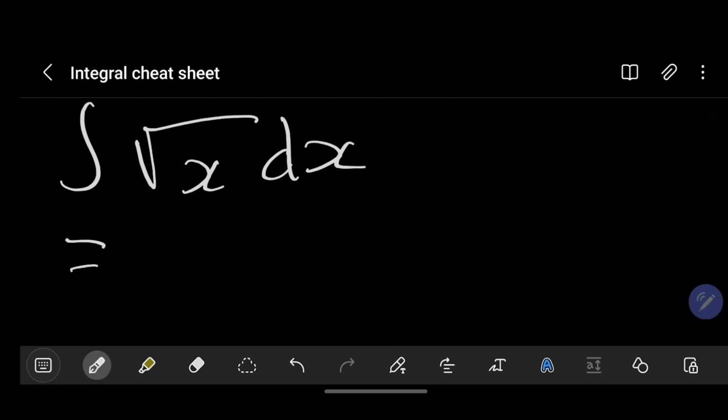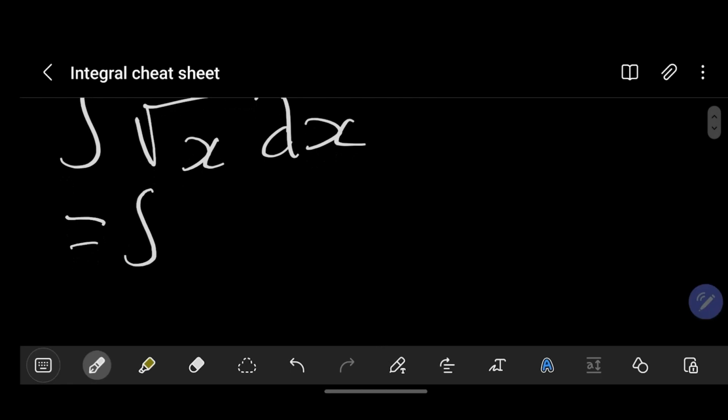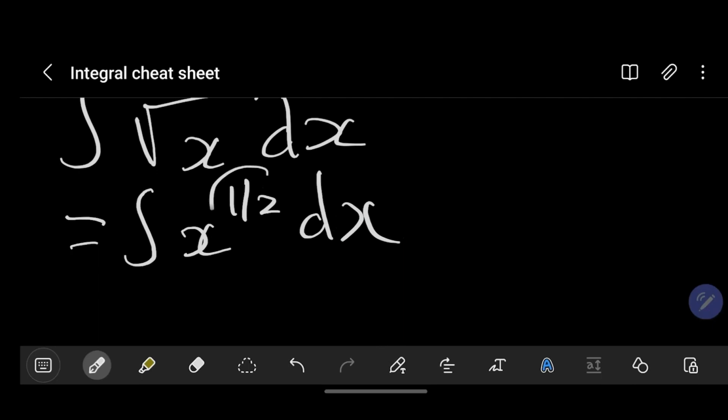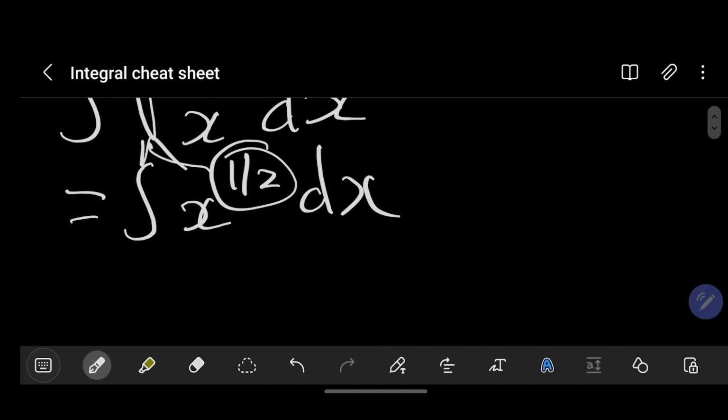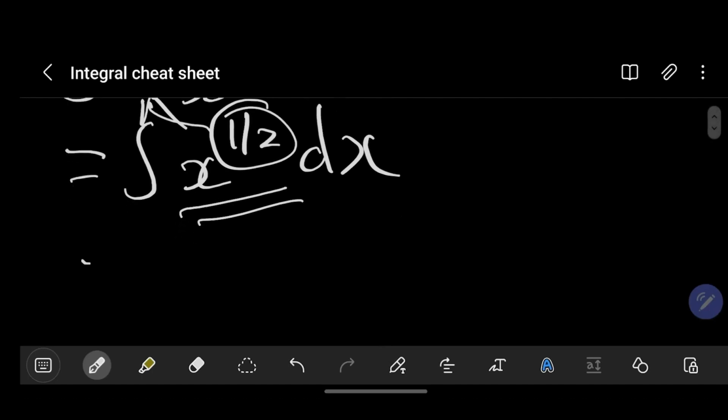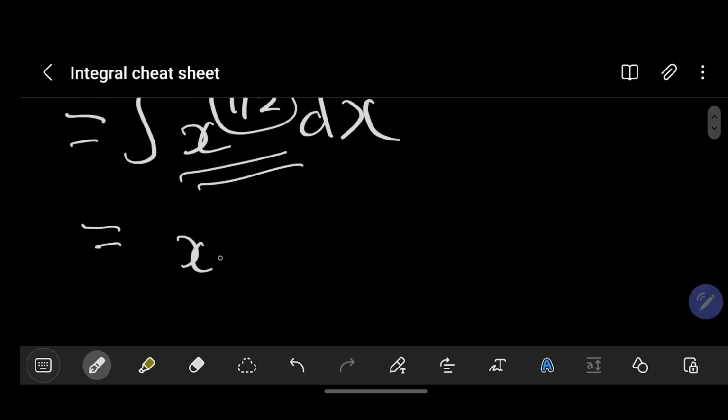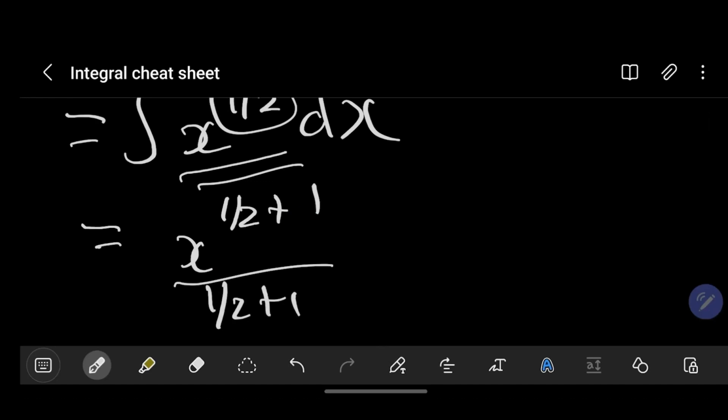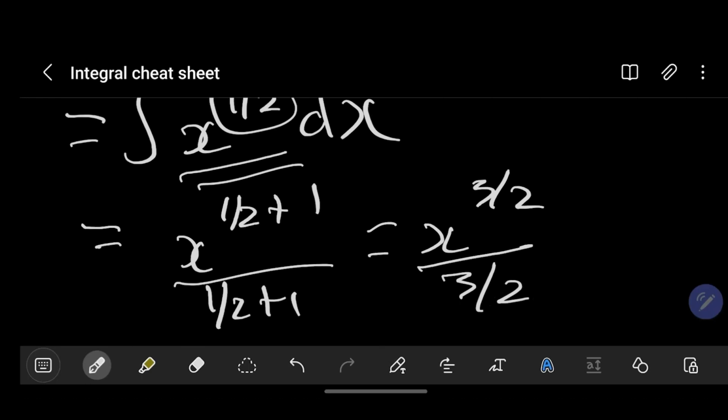So let's rewrite this. This is the same thing as saying the integral of x to the half dx. The half represents your square root. Okay, so now we can see that it is in the power rule form. So that's basically equal to x to the half plus 1 all over half plus 1, and that's equal to x to the 3 by 2 all over 3 by 2 plus c.